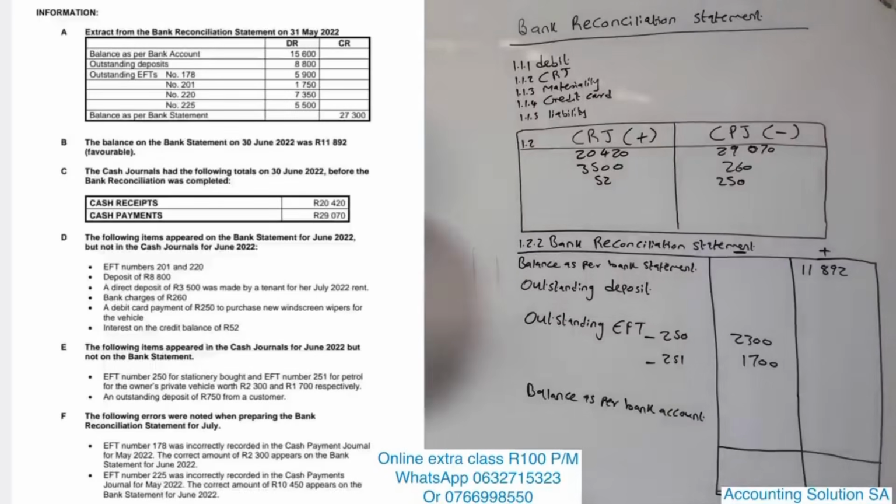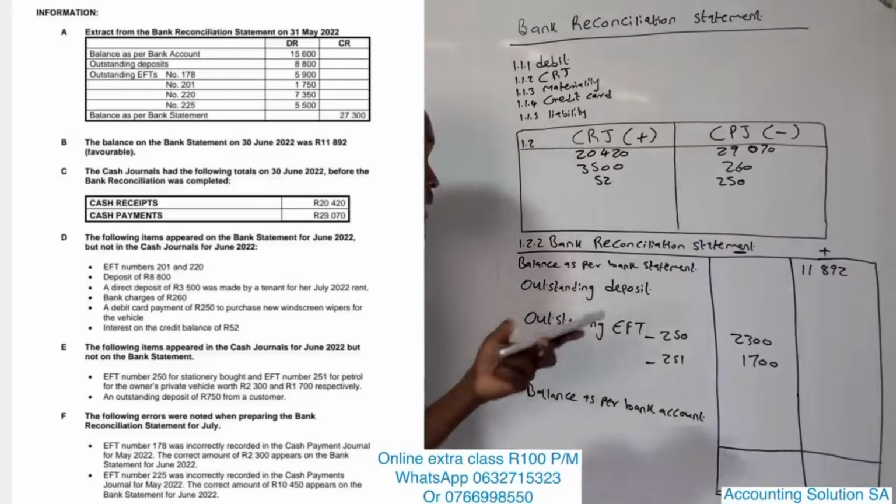If you check number 178 on the previous statement, you will find that the amount they recorded is 5,900. But here they say the correct amount appears on the bank statement as 2.3, which means the person who made the mistake is the cash payment journal, in our books.